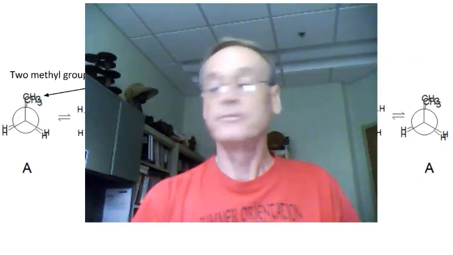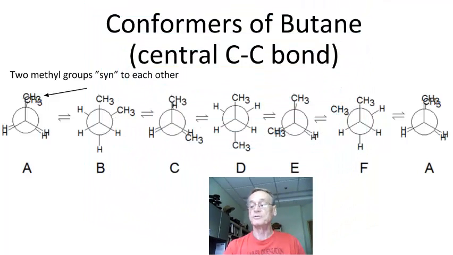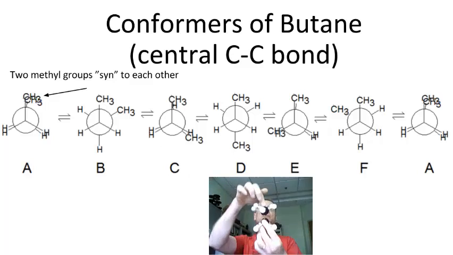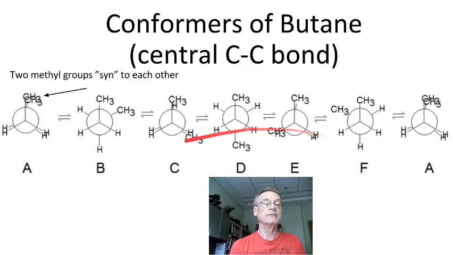To define some terms, when you have a situation where two groups have zero dihedral angle between them, like these two methyl groups, we use the word syn for, S-Y-N, meaning together, like a symphony is playing music together.